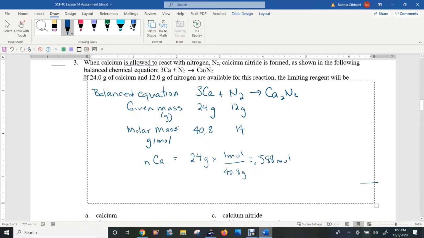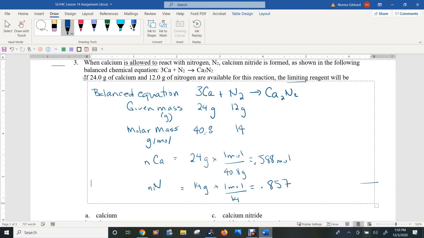Now we want the same thing for nitrogen. The number of moles of nitrogen is equal to 14 grams times 1 mole divided by 14, which is from the periodic table, and that's equal to 0.857.